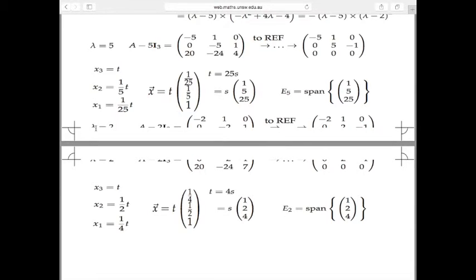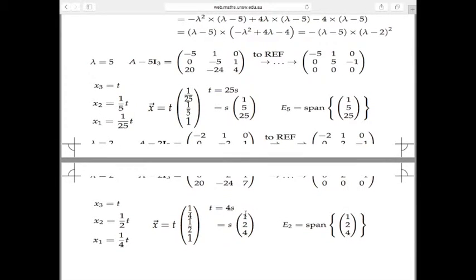And for that value, we had 2 eigenvectors. Oh, wait a sec. How come? No, that's right. I'm sorry. My apologies. There was only one here. It's here, 1, 2, 4. Sorry. So 2 eigenvalues, 5 and 2, and 2 eigenvectors, 1, 5, 25 and 1, 2, 4.